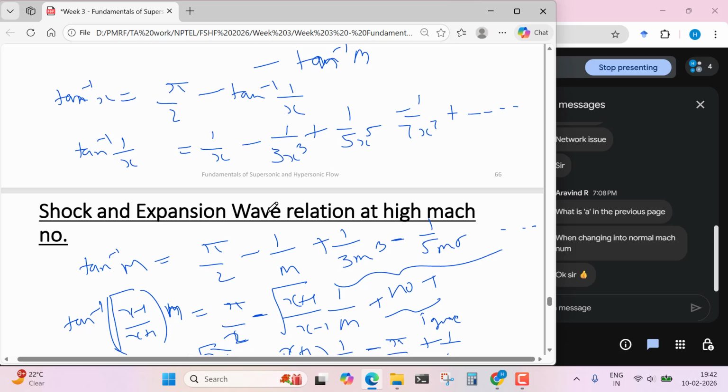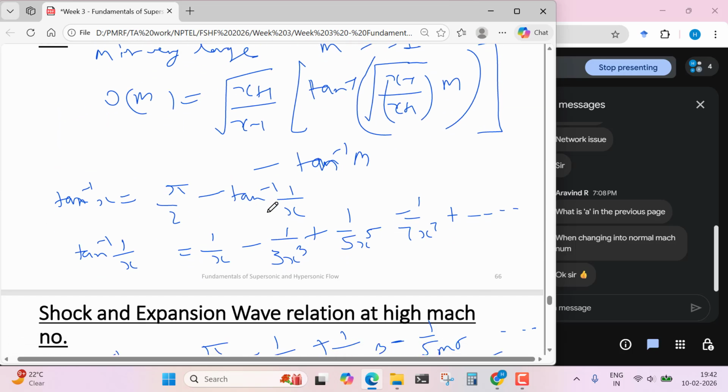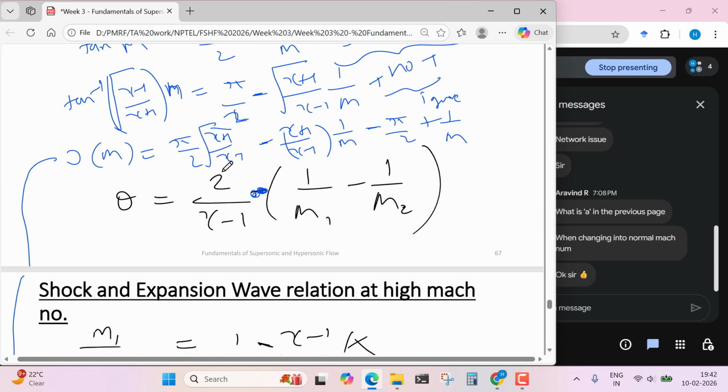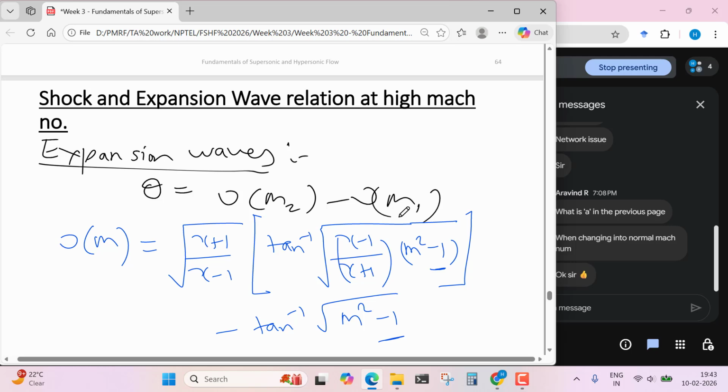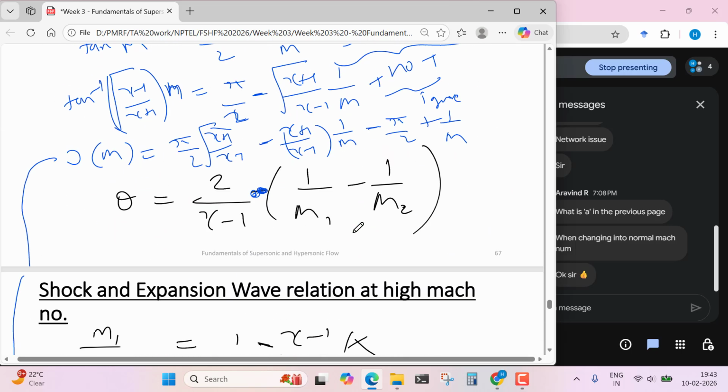So nu m will be equal to pi by 2 under root gamma plus 1, minus under root (gamma plus 1 upon gamma minus 1) upon m, minus pi by 2 plus 1 upon m. And if we want to find theta, which is nothing but the difference nu m2 minus nu m1, we can do the subtraction of both and we'll get 2 upon gamma minus 1 times (1 upon m1 minus 1 upon m2).